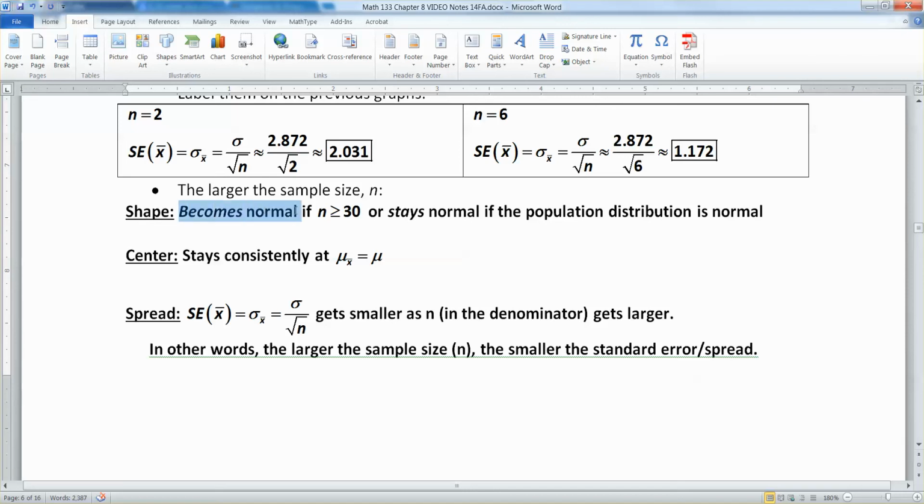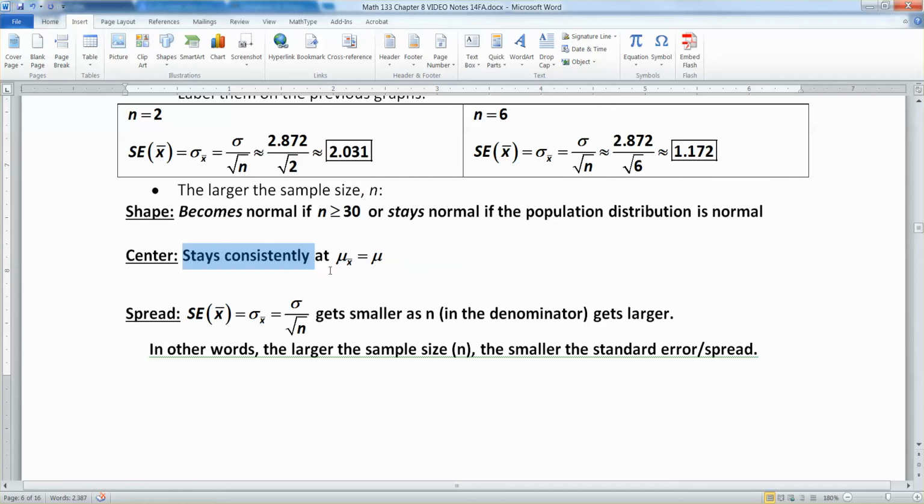Either it becomes normal if n is greater than or equal to 30, or it stays normal if the original distribution was already normal to begin with. So if your population distribution is normal, you don't need a sample size of 30. You could have a sample size of 2 and it's going to be normal. But if it wasn't normal to begin with, then it will become normal for our purposes in this course if n is greater than or equal to 30.